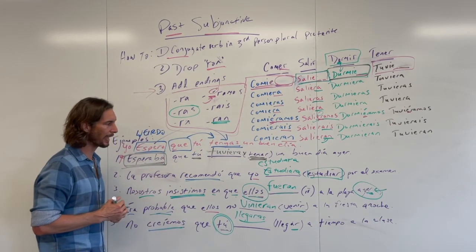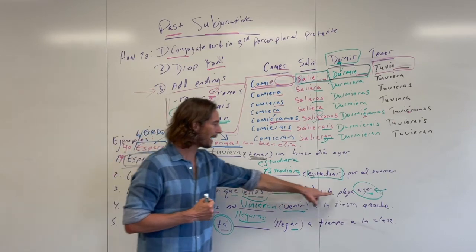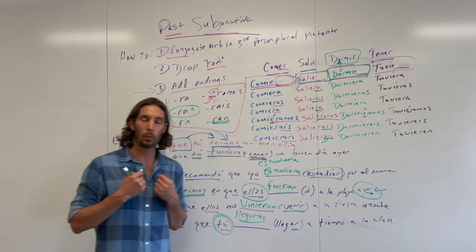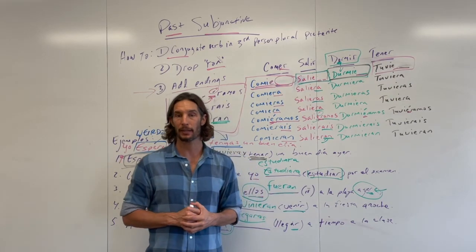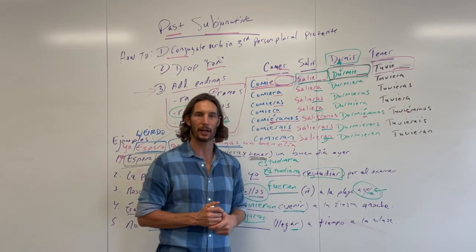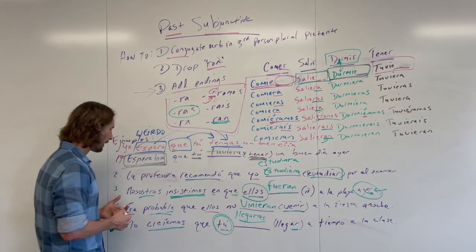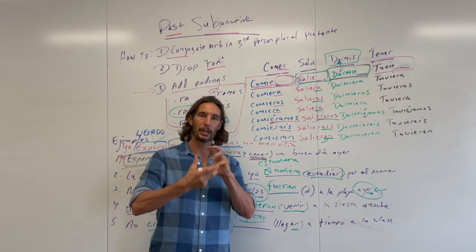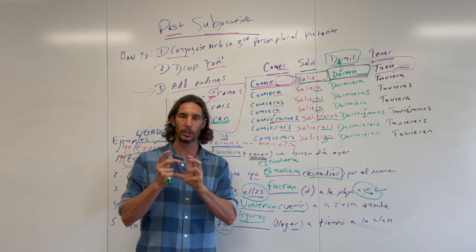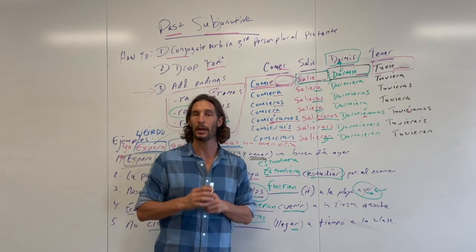Nosotros insistimos en que ellos fueran a la playa ayer. We insisted that they go to the beach yesterday, or were to go, which is what I said earlier. But we insisted that they go to the beach. Again, that shift back into English, you're going to notice there's a slightly different way you would say it in English.